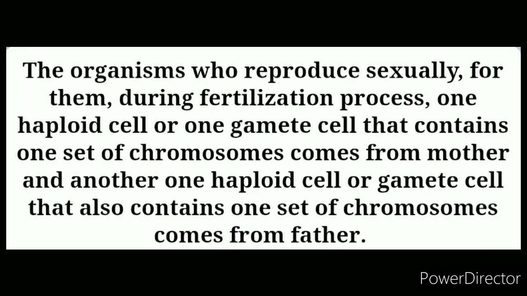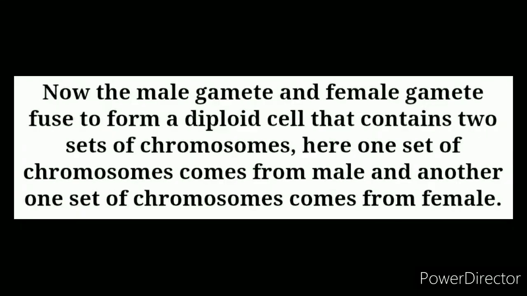For the organisms who reproduce sexually, during the fertilization process, one haploid cell or gamete cell that contains one set of chromosomes comes from the mother, and another haploid cell or gamete cell that also contains a single set of chromosomes comes from the father. They fuse to form a diploid cell that contains 2 sets of chromosomes: one set from the male and one set from the female.